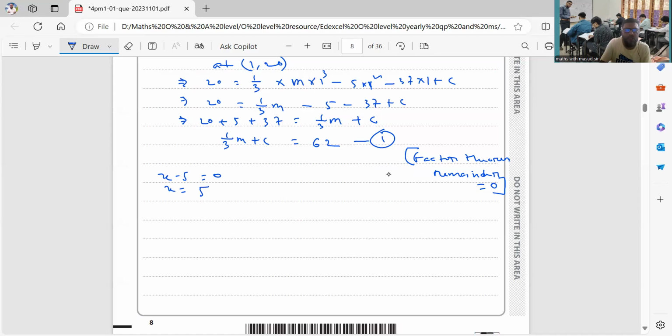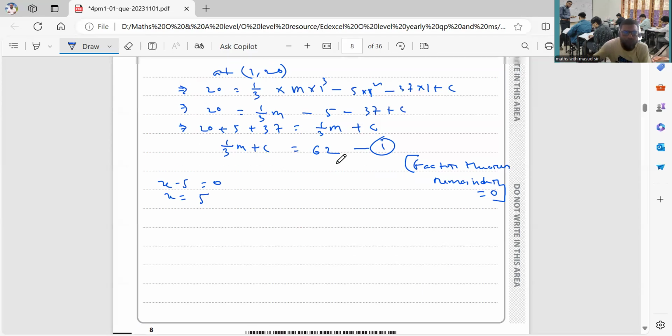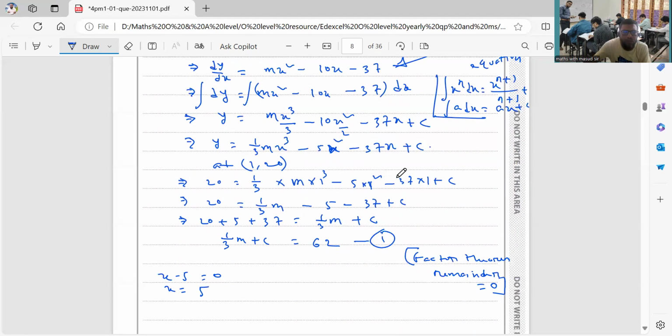And now if you consider x equals 5, that means y equals 0. Remainder is 0. Remainder means y. So now you have to replace this value. So x equals 5, that means the remainder is 0.